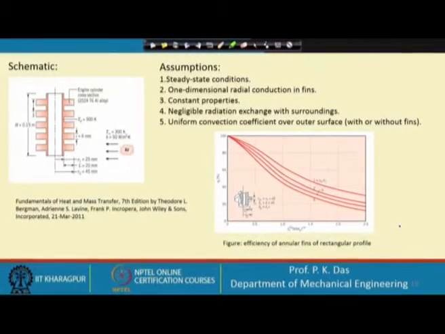But for many of the examples and some of the practical cases, we do not differentiate between the heat transfer coefficient with fin or without fin. So, this is one idealization we make, and by some sort of design factor we take care of it.